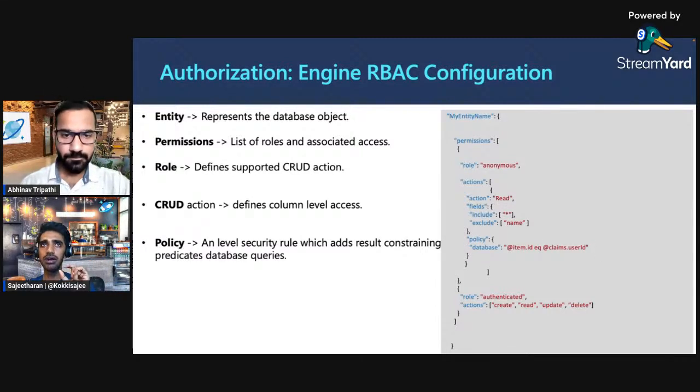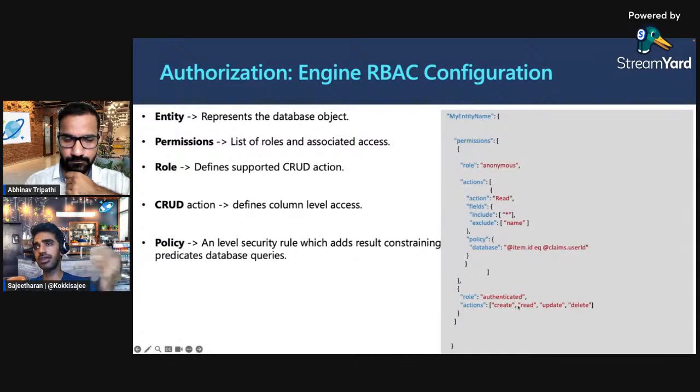So say if you want to see only your shops, you need to write this policy in the config file to make sure it matches with the request that you make. And then you can define certain roles. Say if you're a shop owner, you can do actions like create, read, update, and delete. If you want to omit some actions, you can define those here as well. So that's the power of Data API Builder in order to define authentication and authorization for your endpoints.